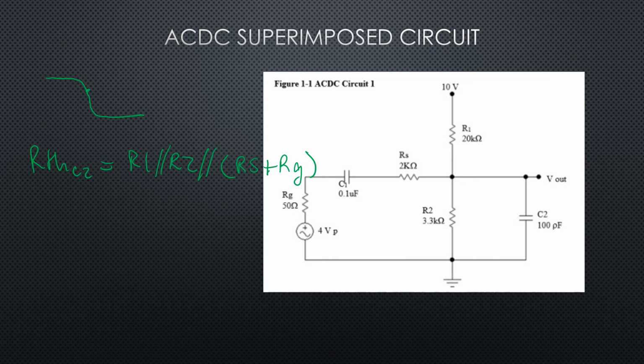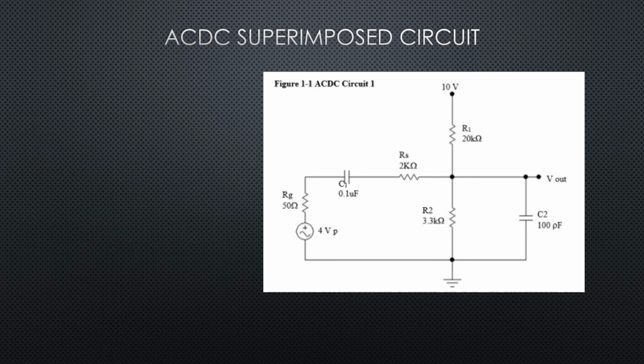Now we can solve for Fc high. It's equal to 1 divided by 2 pi R Thevenin C2 times C2. And that should give us our Fc high.